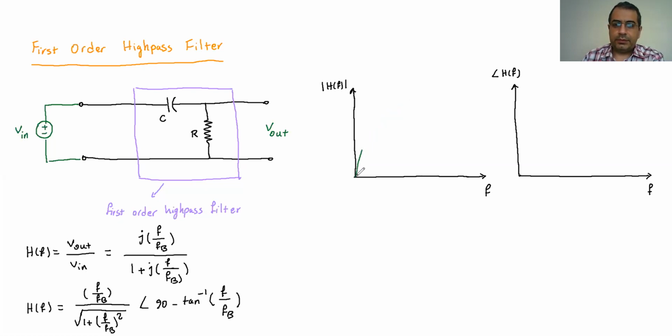So it goes up there, and then eventually goes towards 1. So this magnitude is 1 here, and it's going to be 0 here. And for the phase, it goes from here, something like that. So it's going to be 90 degrees here, and it's going to be 0 here.